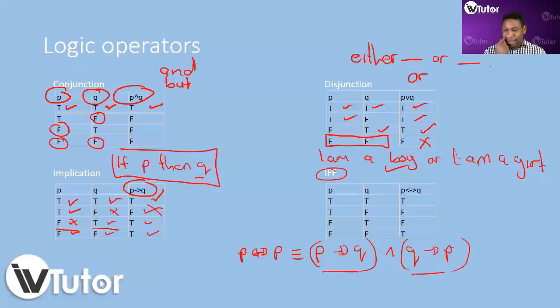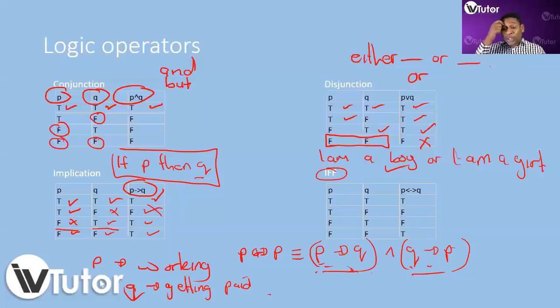What this does, it says, if you work, you get paid. This is this part, right? P is you working. P refers to working. And then Q refers to getting paid. Let's say this is the scenario. So the first part says if you work, you get paid. The second part says if you get paid, then you work. So now there's a condition attached to you getting paid.